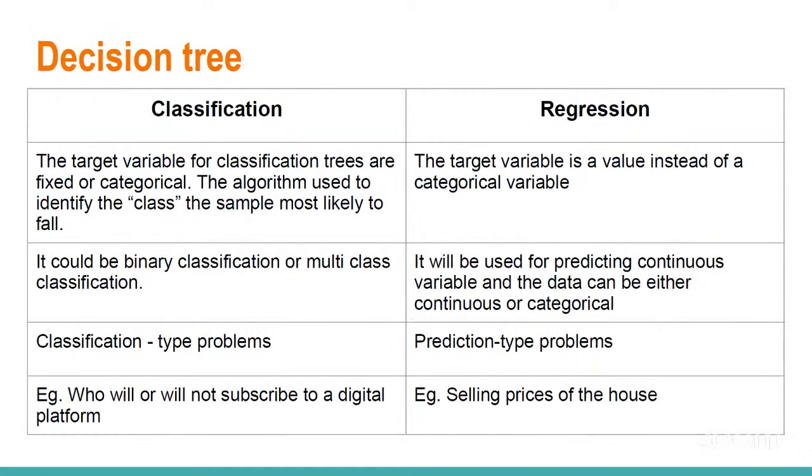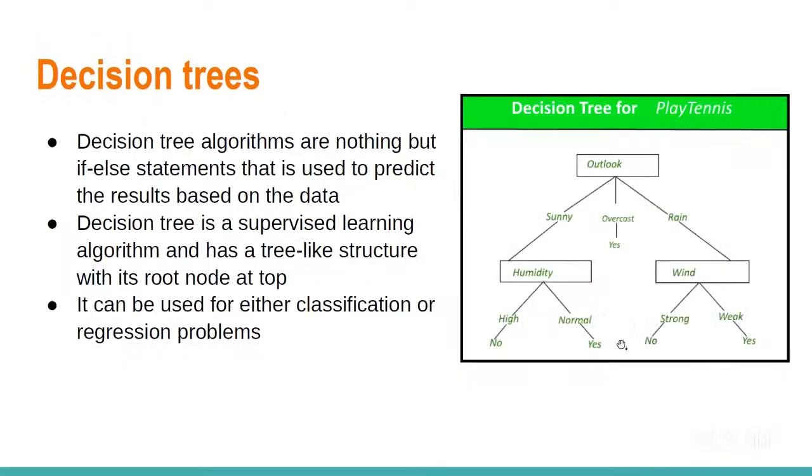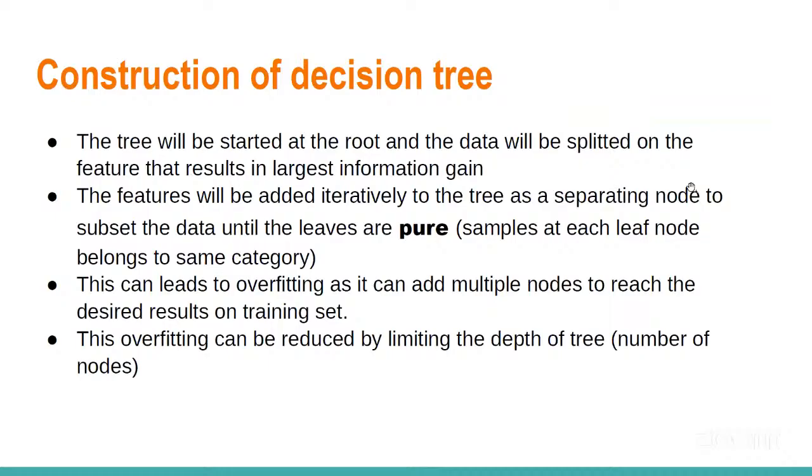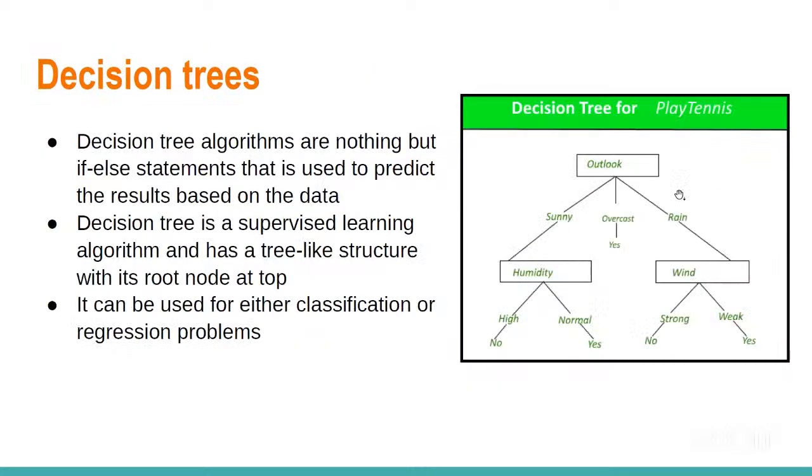Again, classification, regression, it can be used for both. If it's regression, you average out the leaf nodes. If it's classification, it's just yes or no. So you have a root node, you ask a question, then you keep asking questions so that what you're left with is a bunch of yes and a bunch of no's.